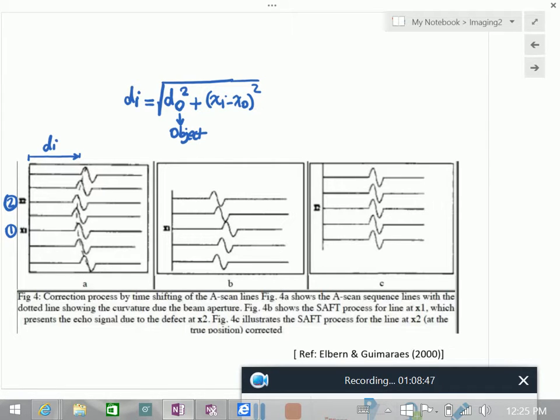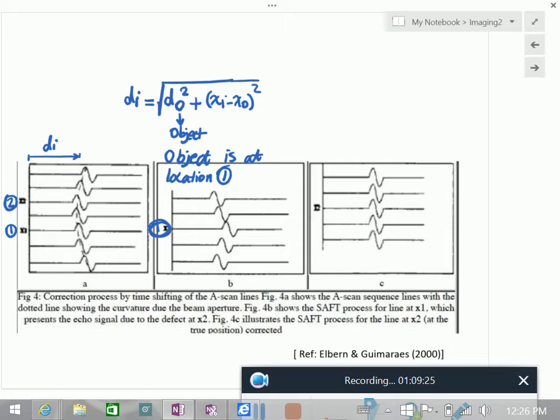Correct? Now, if we assume that the object is at location 1, we make this assumption. What you do, you correct the neighboring rays based on this assumption, based on the relationship that you have.